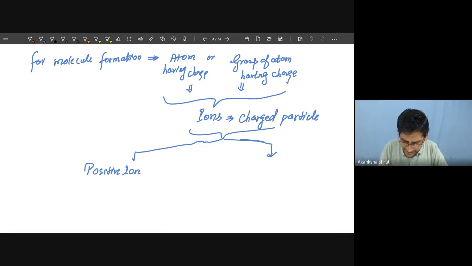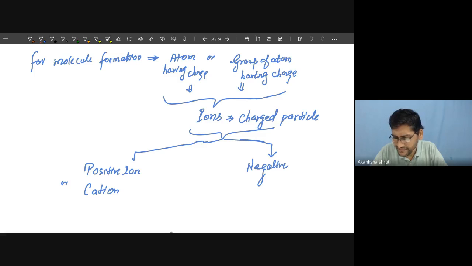Positive ions have a special name called cation. The other could be the negative ions, called anion.